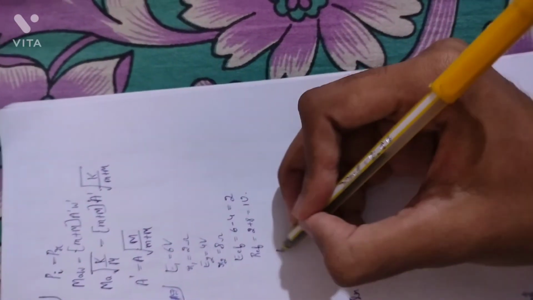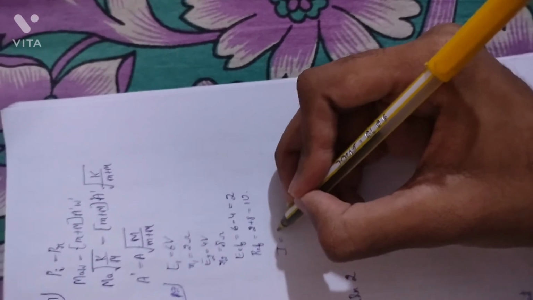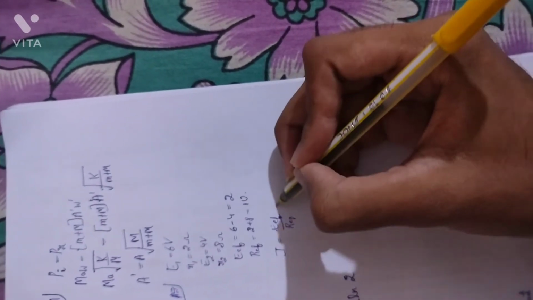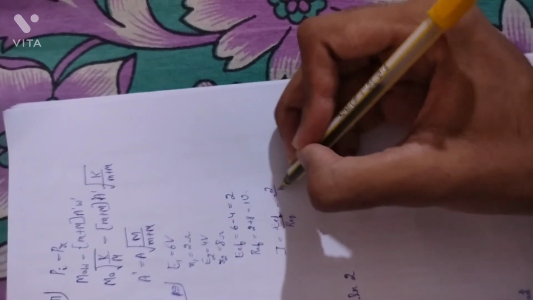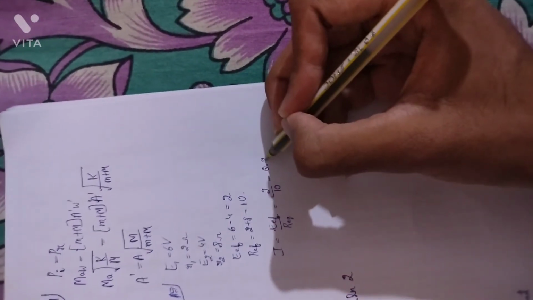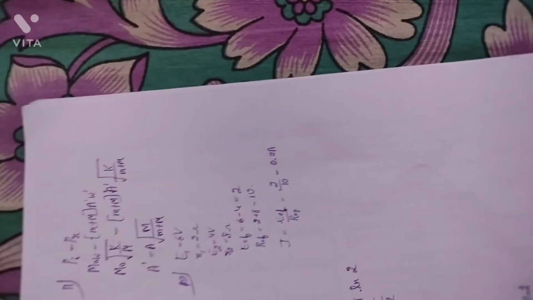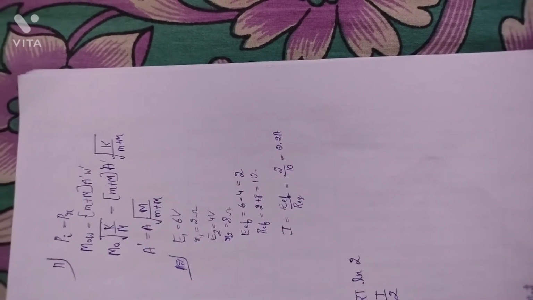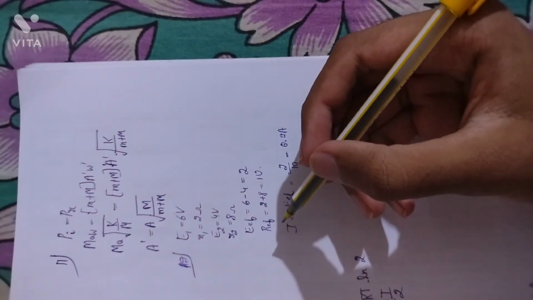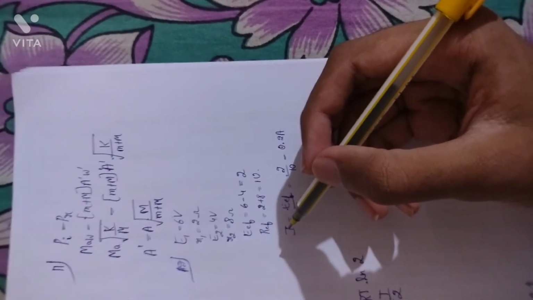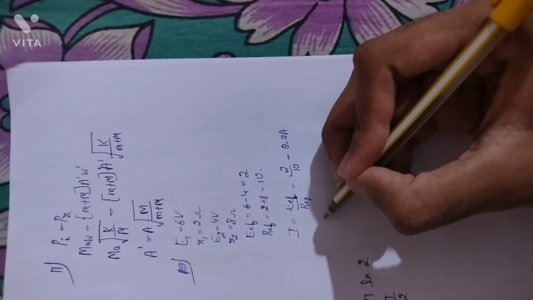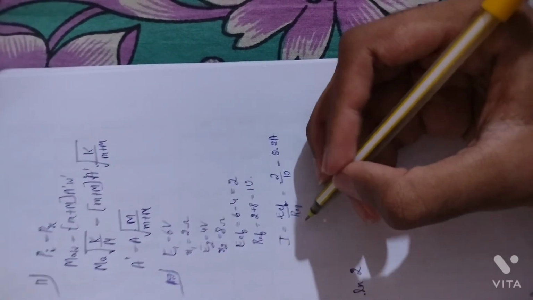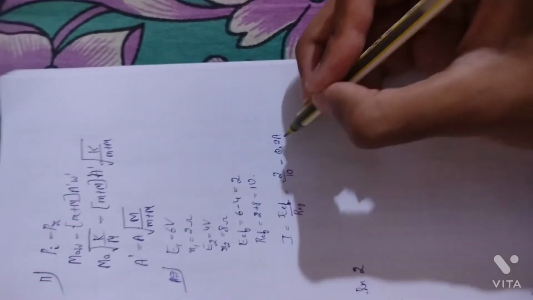Now for finding current, I is equal to E effective by R effective, that is equal to 2 by 10, that will become 0.2 ampere. So we have got the current in the circuit, it is 0.2 ampere.